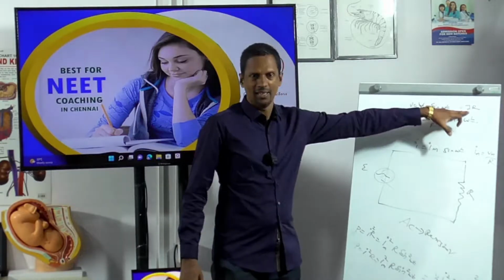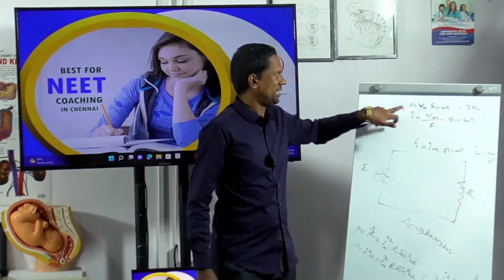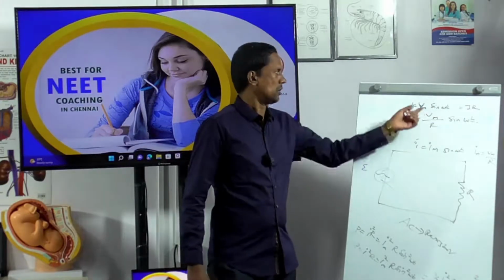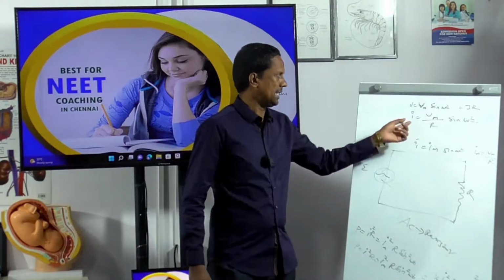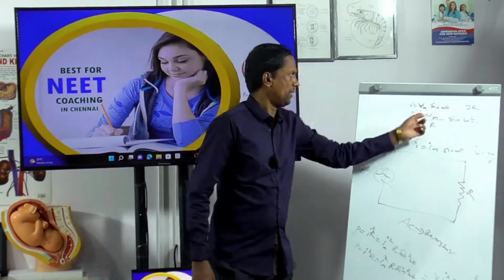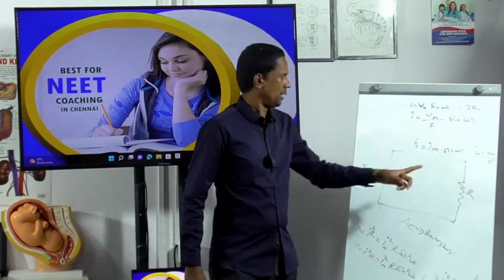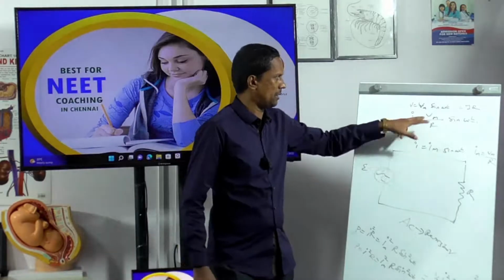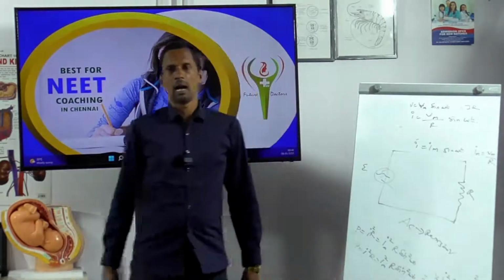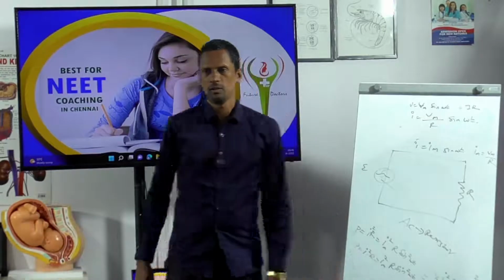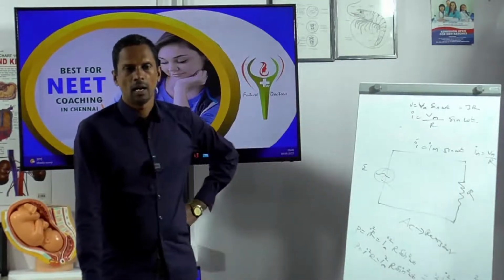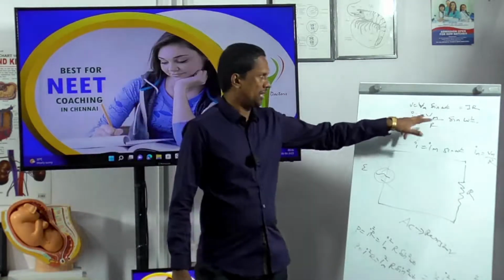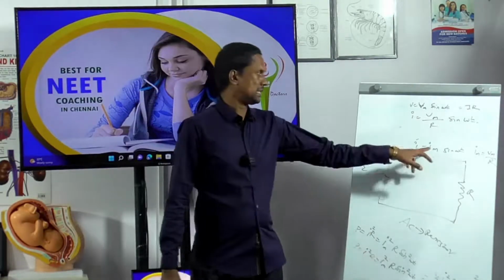How did I get IR here? Ohm's law. V is equal to IR. Just now in the last equation I derived V is equal to IR. So IR is equal to Vm sin omega t, so I is equal to Vm by R sin omega t. So I is equal to Im sin omega t, where Vm by R is equal to Im. I is equal to V by R, and Im is equal to Vm by R. That is the maximum current.